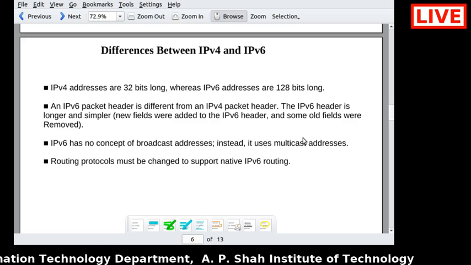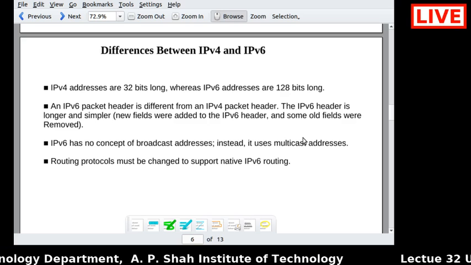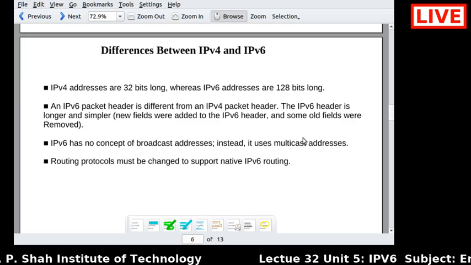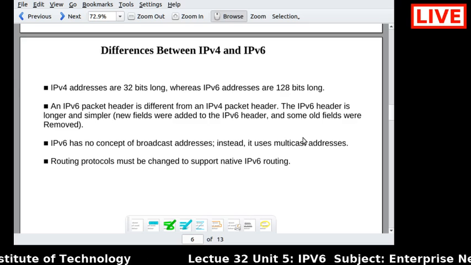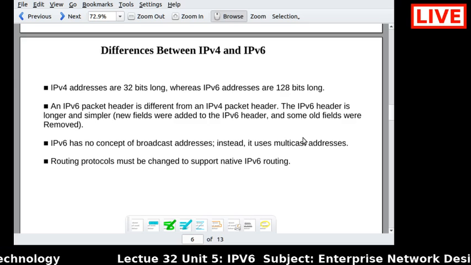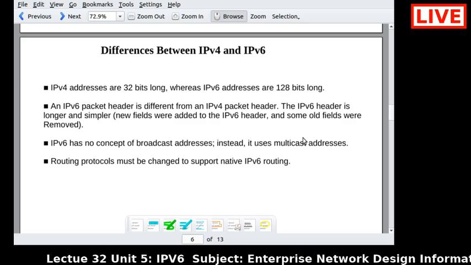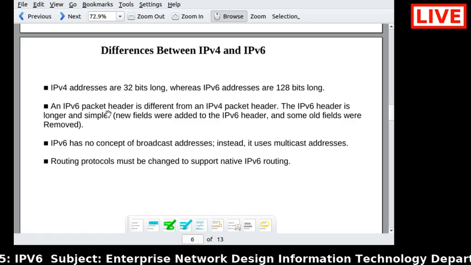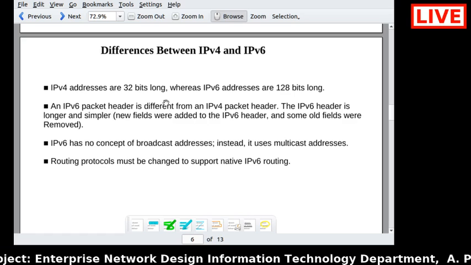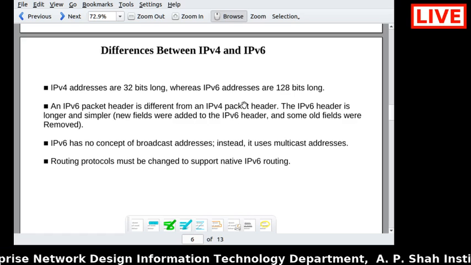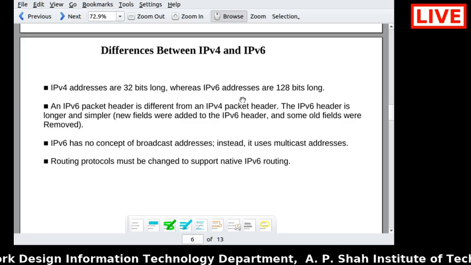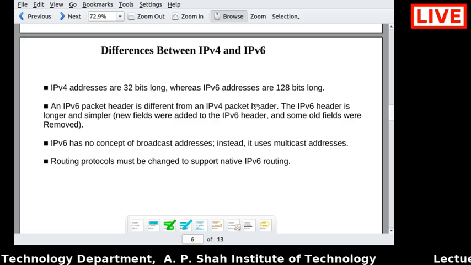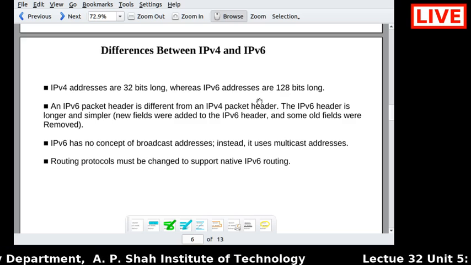For example, we have discussed that the address length of IPv4 is 32 bits, while the IPv6 address length is 128 bits. This is one of the differences. Obviously the IPv6 packet header is different from the IPv4 packet header. The IPv6 header is longer and simpler if you compare it with IPv4.